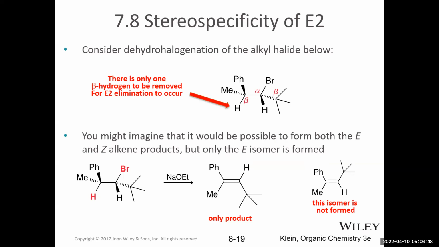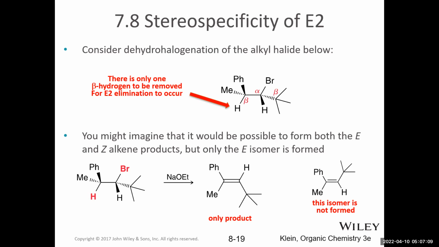Okay, now let's talk about E2 reactions that are stereospecific. So these are not stereoselective. Selective means that there is a major product and there are minor products, and they're related as stereoisomers. A stereospecific reaction only has one product.